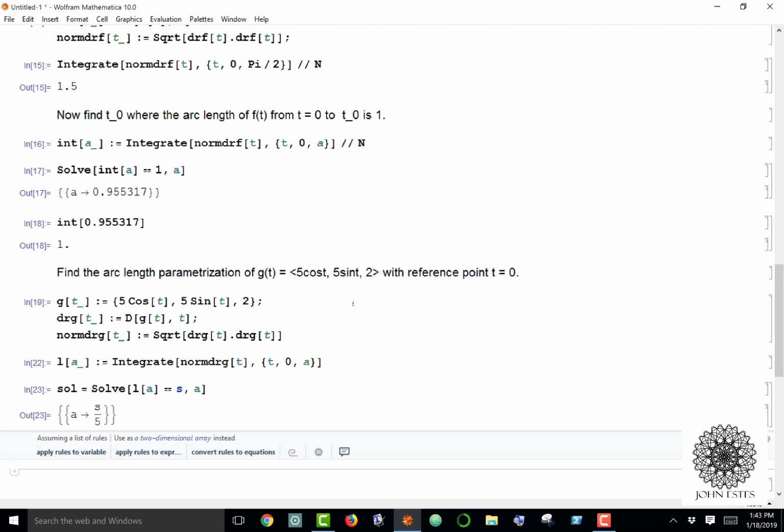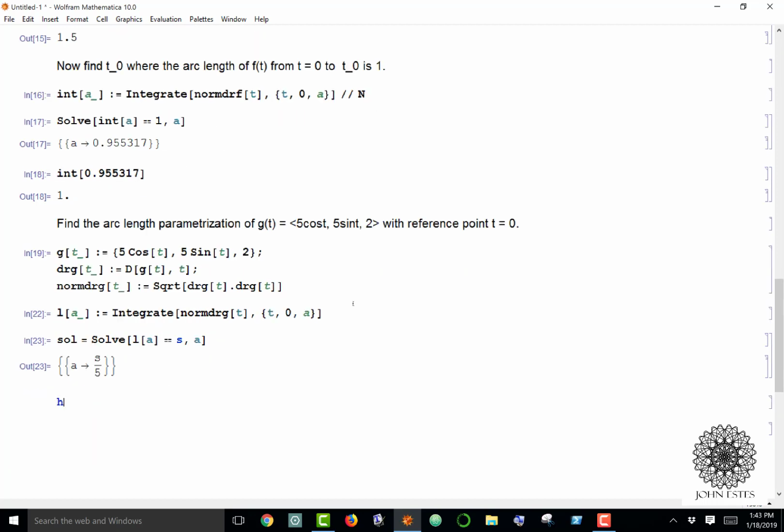Okay, so now my arc length parametrization is a new function with a variable s, and that variable s comes from taking the answer I got from my solution, and actually let me do that first. So I'm going to call this answer s. It's an answer s function, and answer s function is going to be what I got for a.